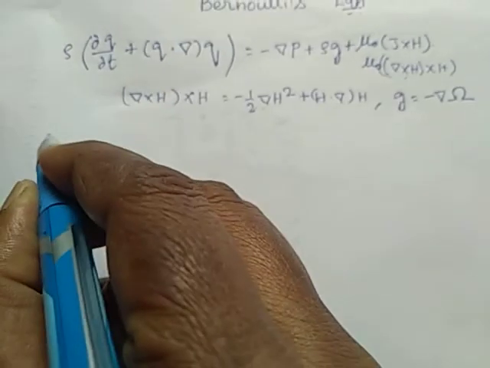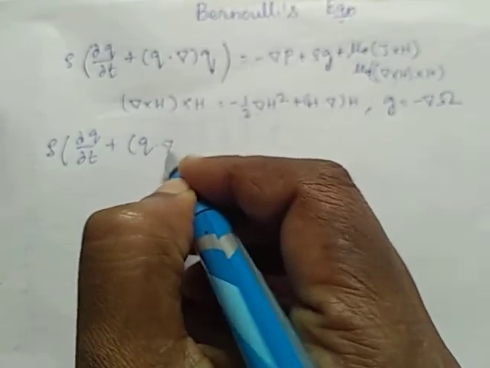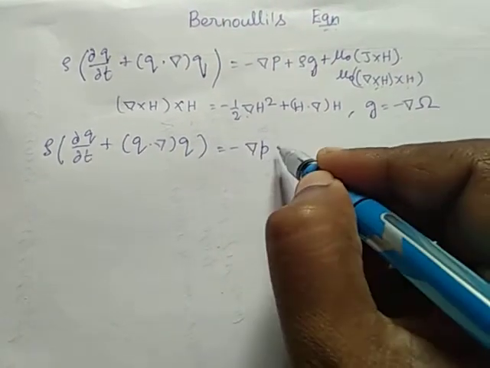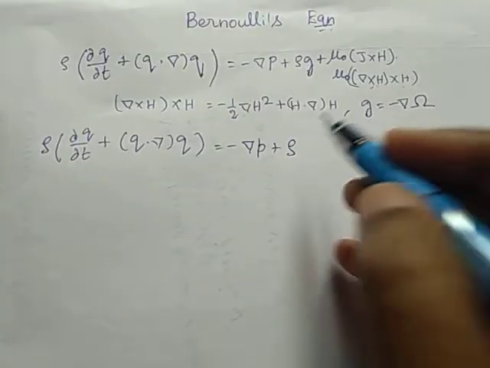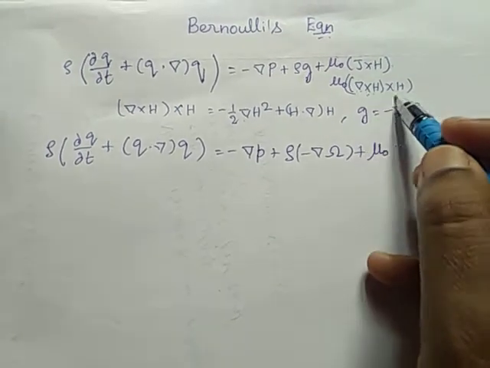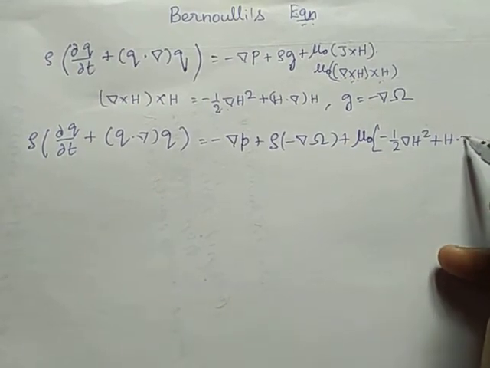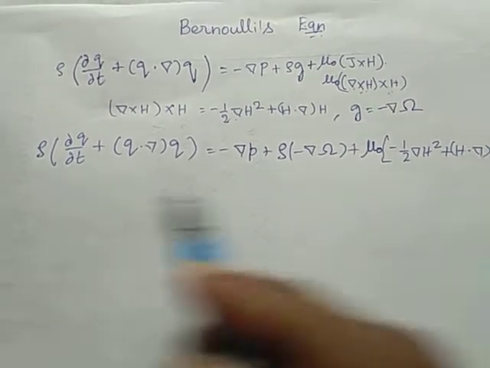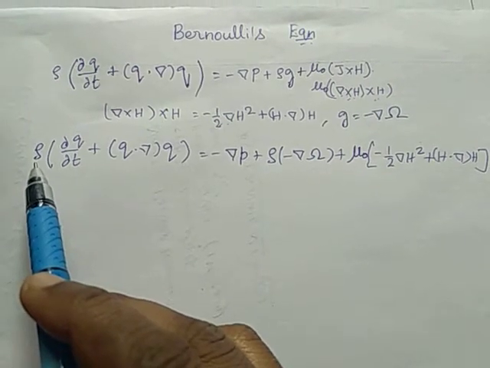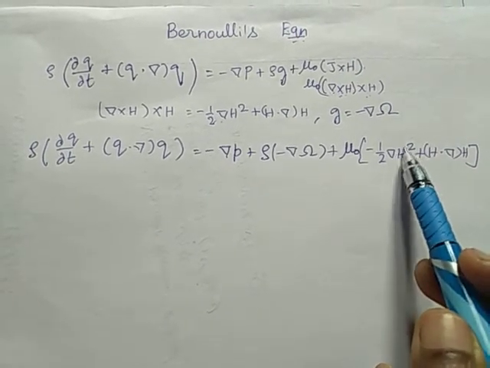This equation can be written as rho into dou q by dou t plus q dot del q is equal to minus del p plus rho into G, which is minus del omega, plus mu naught J cross H, which is minus half of del H square plus H dot del of H. Also, this can be written as del of mu naught H square by 2.